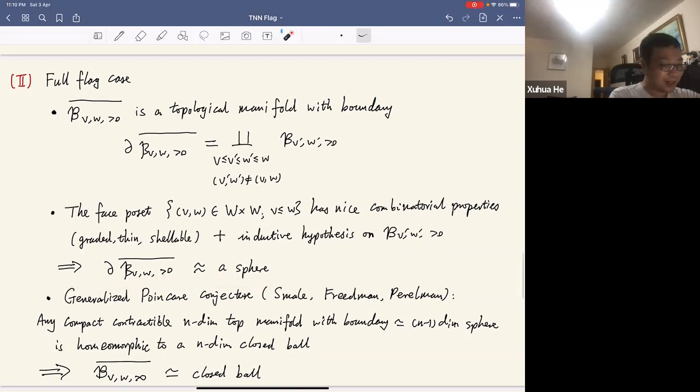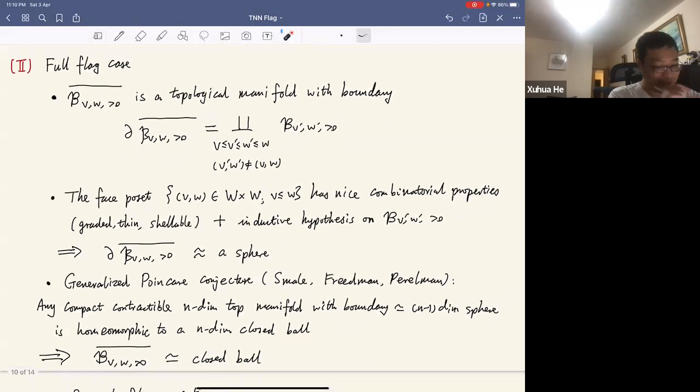And in the final part, we have to use the generalized Poincaré conjecture, proved by Smale for dimension larger than 4, Freedman for dimension 4, and Perelman finally for dimension 3.